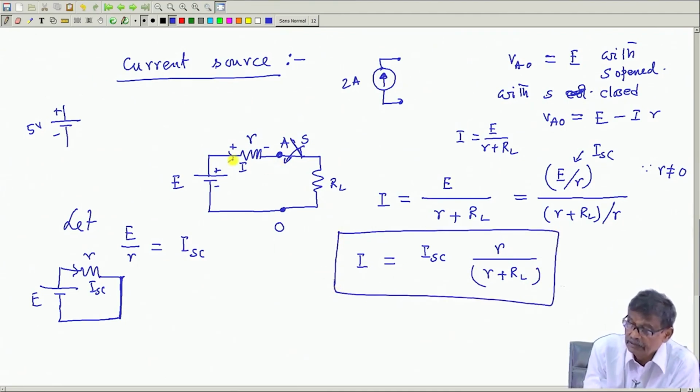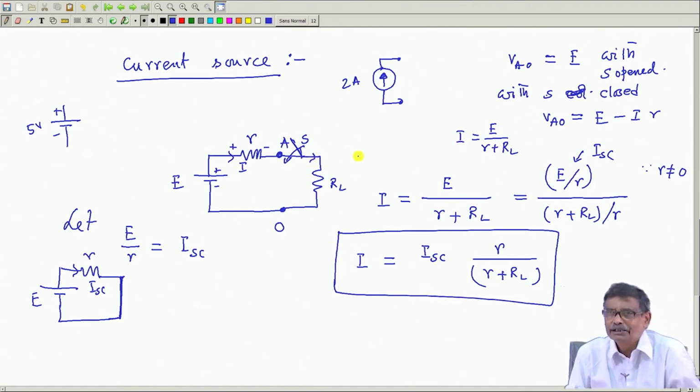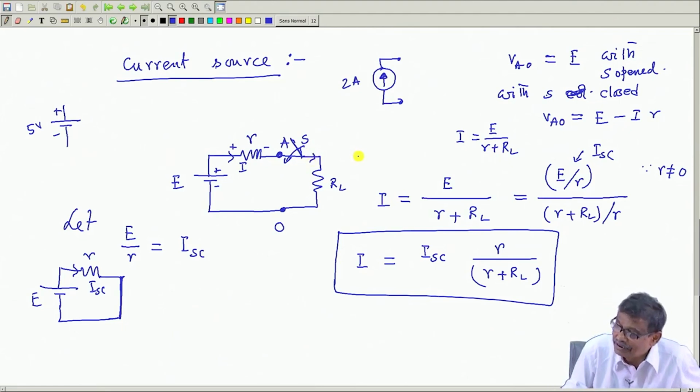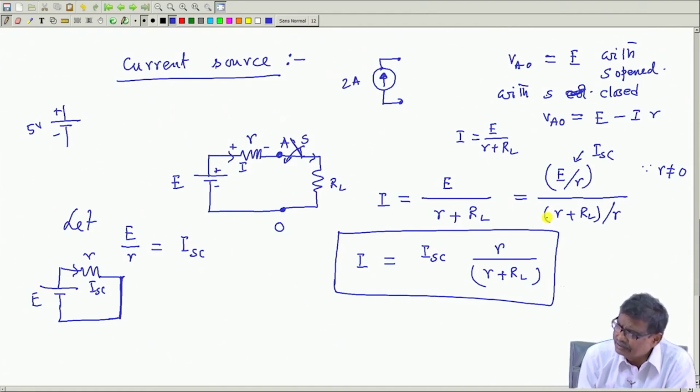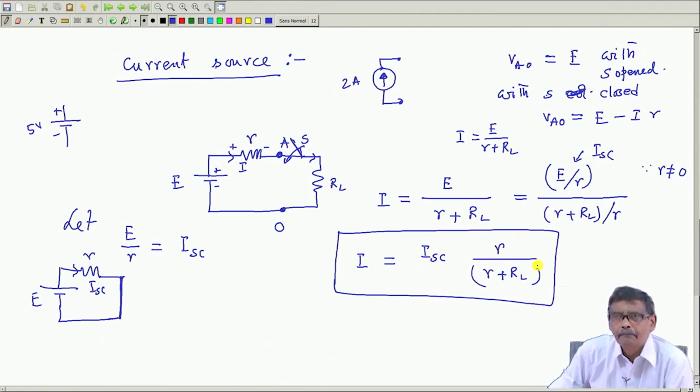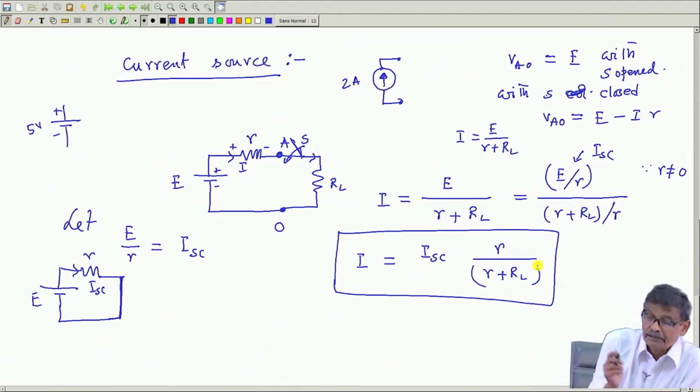This is my actual circuit I was doing, but somebody says okay, that is fine, you are satisfied with this one, but he thinks somewhat ahead, thinking that this can also be written like this: ISC by r plus RL.